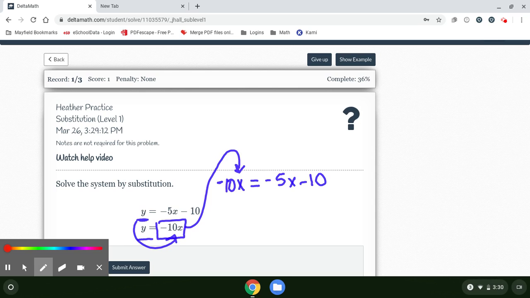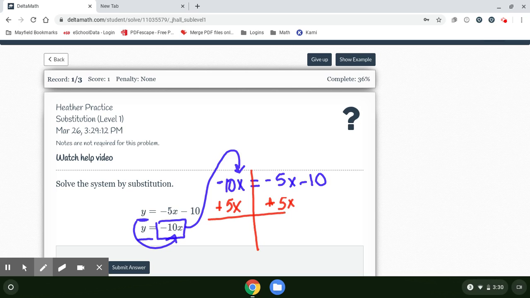Now at this point I can drop my t and solve. So plus 5x to both sides, negative 5x equals negative 10, divide by negative 5, and x equals 2. So now I have the x coordinate. Now I have to find the y coordinate. It does not matter which equation you use.